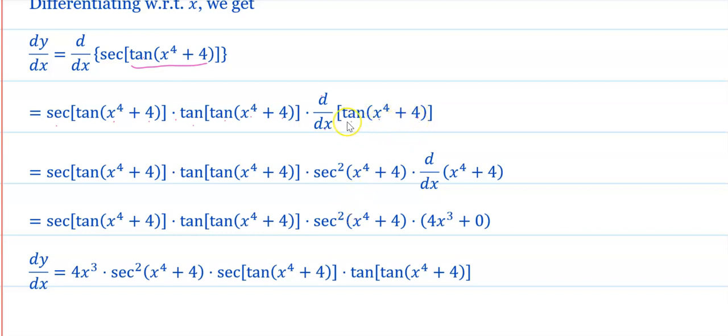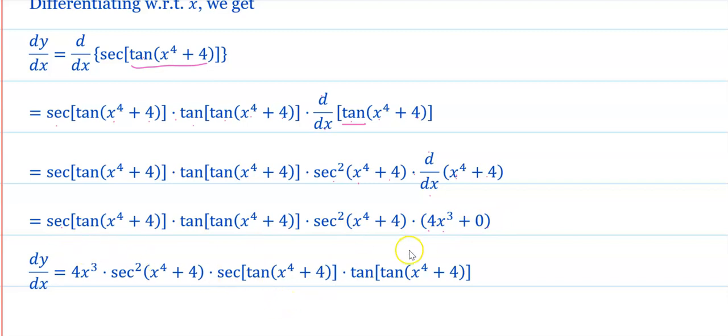Now, which is the main function here? Tan. What is the derivative of tan? It is sec square. Therefore, it is sec square x raised to 4 plus 4, dot, again the d/dx of x raised to 4 plus 4. Okay, therefore, d/dx of x raised to 4 plus 4: x raised to 4, its derivative is 4x cube, derivative of 4 is 0, and hence we have completed here all the derivatives.